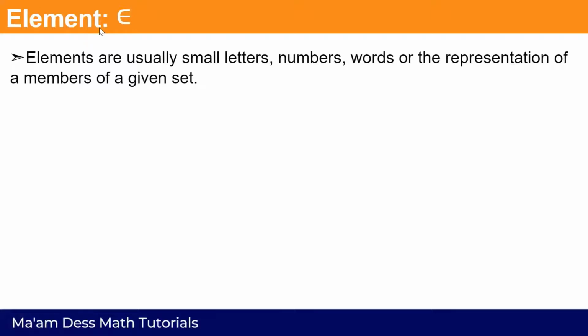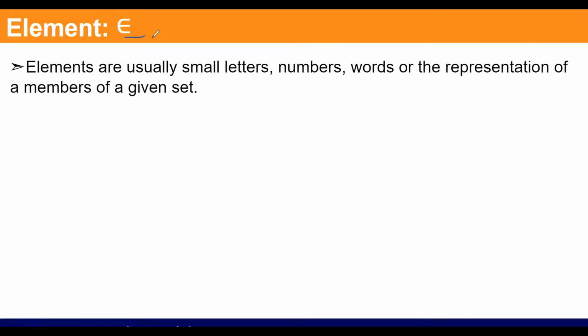Next one is element. Here is the symbol for an element. Ito po yung symbol ng element. Elements are usually small letters, numbers, words, or the representation of the members of a given set.